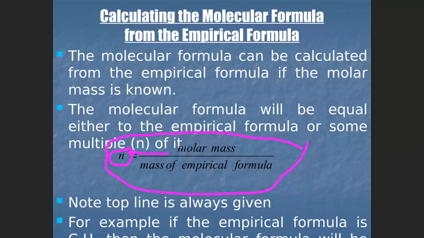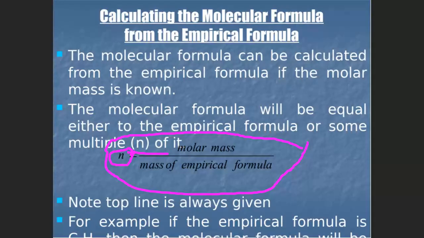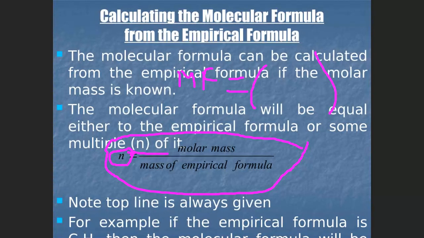Here we have the formula. The molecular formula is finally equal to the empirical formula and n.